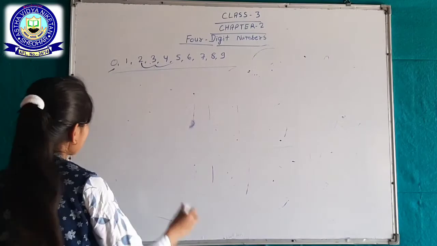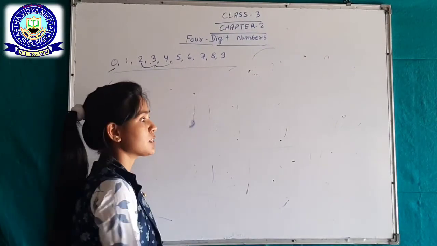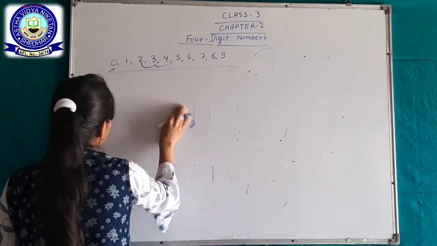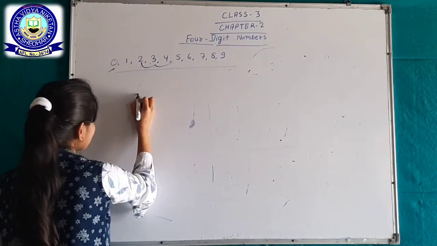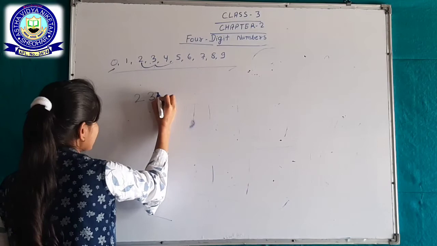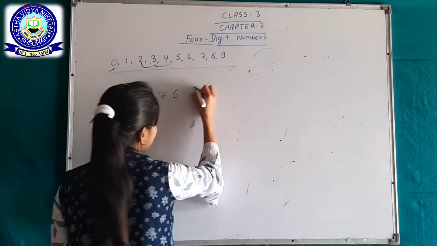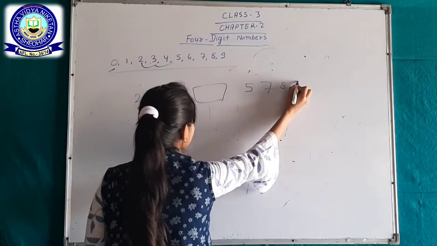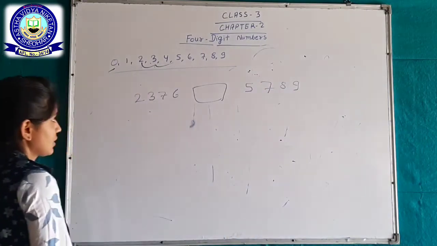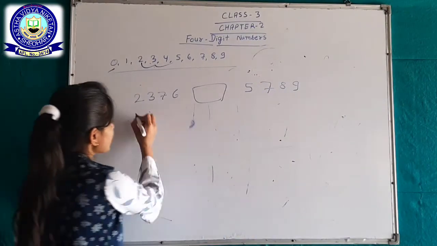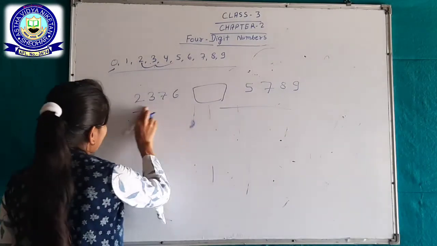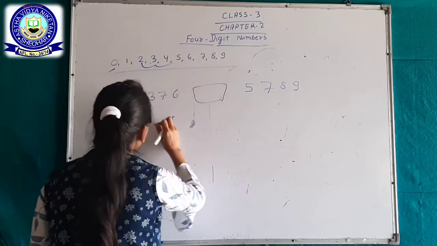Now you have to know which one is greater, which one is smaller and which is equal. There are two numbers given, 2376 and 5789. Which one is greater and which one is smaller? First of all, we have to compare these numbers.